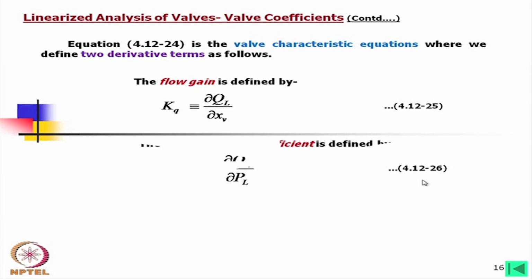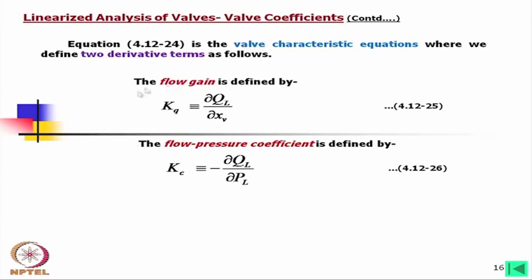And another term, the direct unique term, is the flow pressure coefficient, that is K C, equal to minus del Q L by del P L. So, two coefficients: flow gain and flow pressure coefficient.